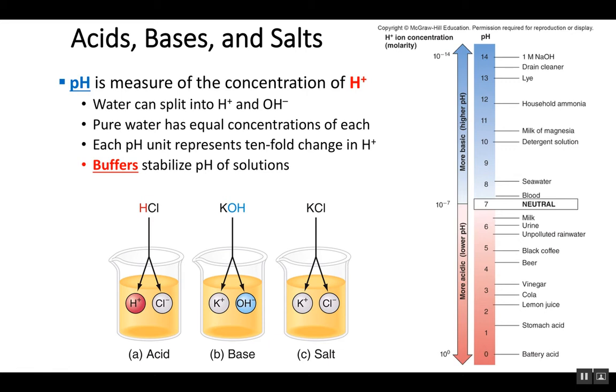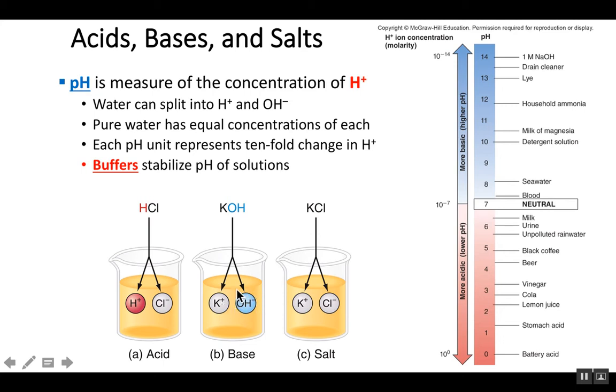So by definition, an acid is a molecule that when placed in water dissociates or splits apart and releases hydrogen ions into the solution. So hydrochloric acid, HCl, is a very strong acid because it easily releases these protons into solution. And hydrochloric acid is what your stomach produces. Potassium hydroxide, KOH, is a base because when it gets put in water, it releases that OH minus.